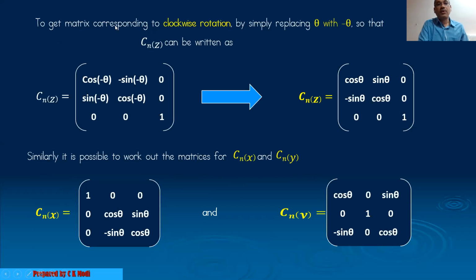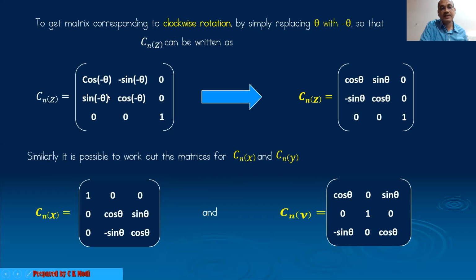Now to get the matrix corresponding to clockwise rotation: previously we derived the CnZ matrix for anti-clockwise rotation. For clockwise directions, instead of plus theta we put minus theta.